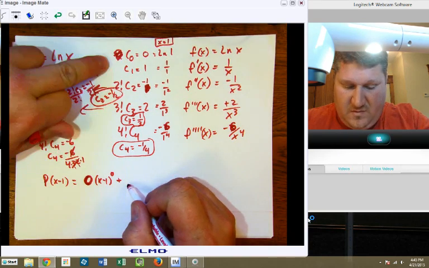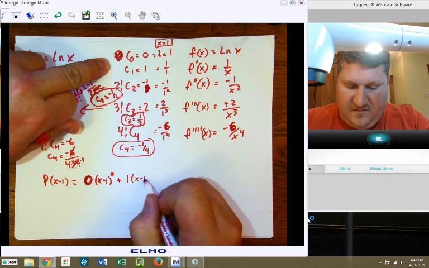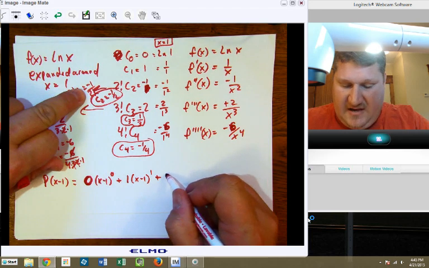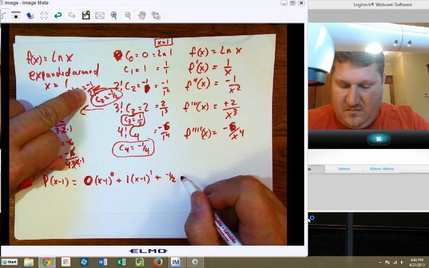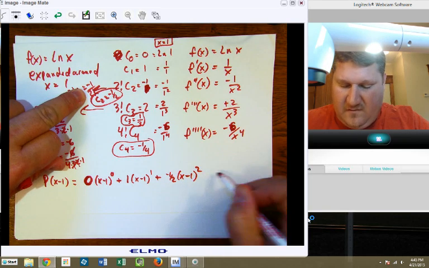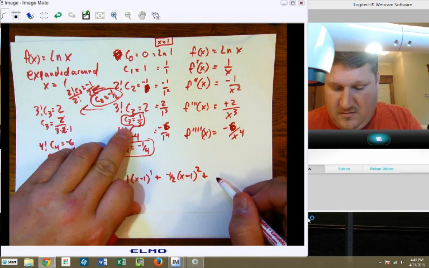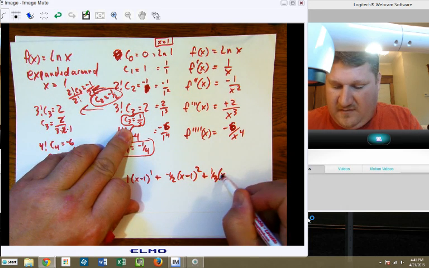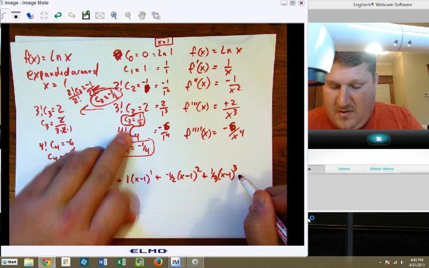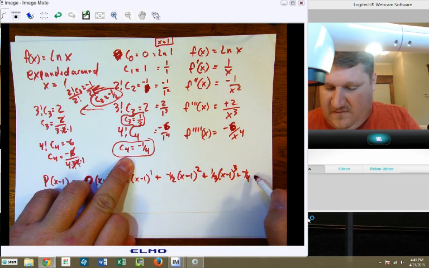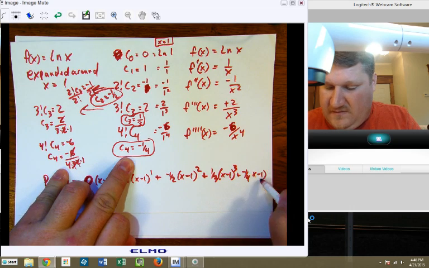Well, c1 was 1 times x minus 1 to the first, plus negative 1/2, that's c2, times x minus 1 squared, plus c3. c3 equals 1/3 times x minus 1 cubed, plus negative 1/4, because that's c4, times x minus 1 to the fourth.